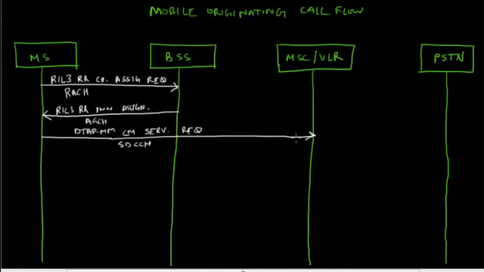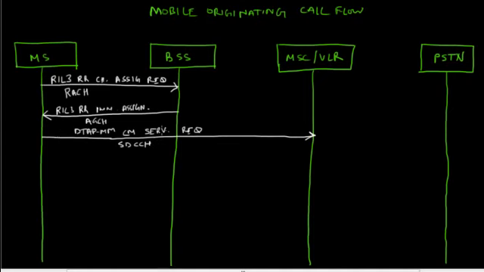BSS forwards that message to the MSC VLR. DTAP is the direct transfer application part, which is another type of BSS map protocol used for direct communication between MS and MSC VLR. BSS just acts like a translucent device to relay that message directly to the MSC. That's why I've drawn a complete straight line.